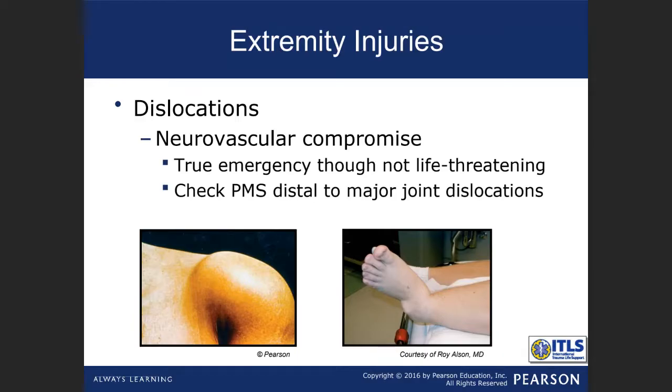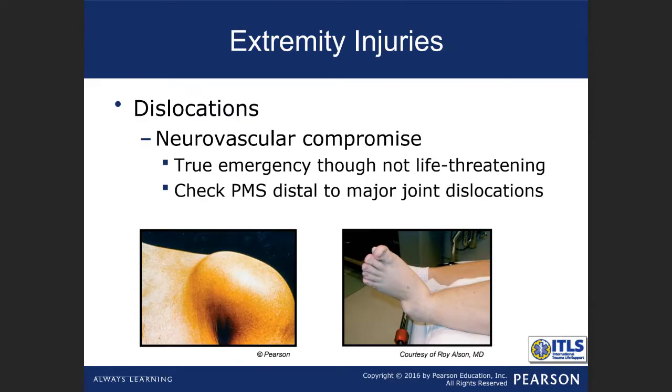Dislocations. Dislocation occurs in joints, and the joints within the body fall in 3 categories: limited movement, free movement, no movement. The more movement a joint has, the easier it can be injured.